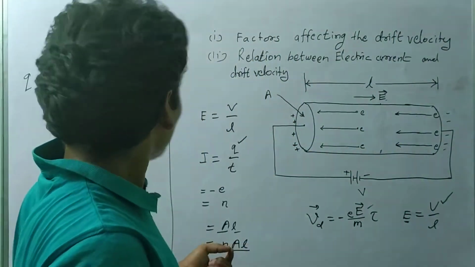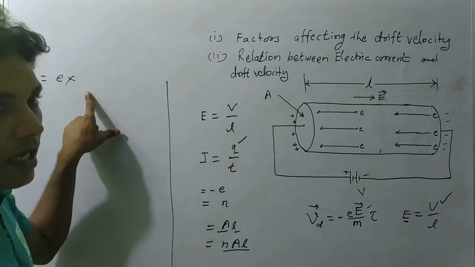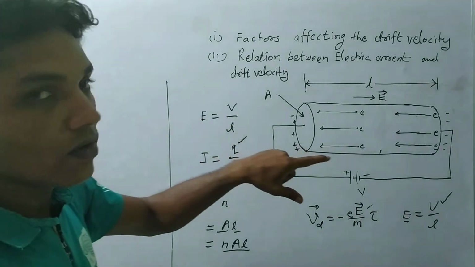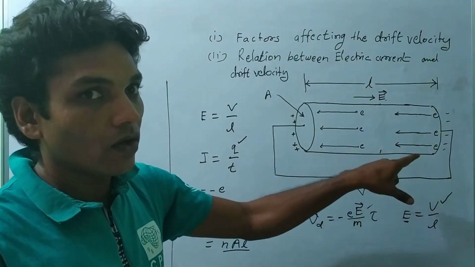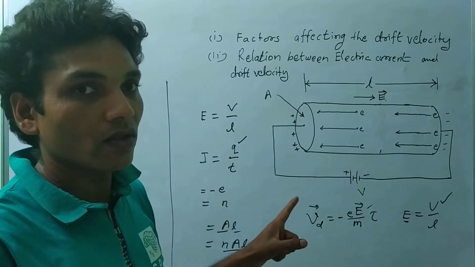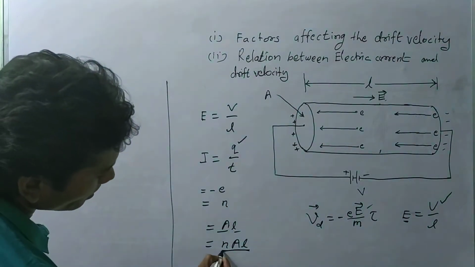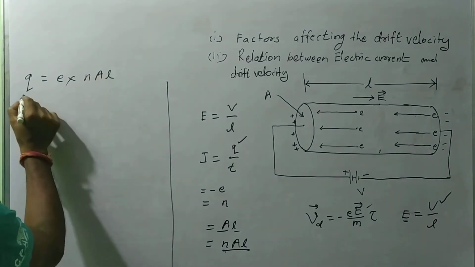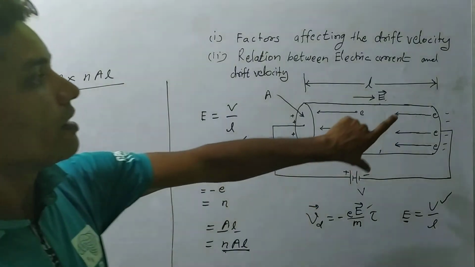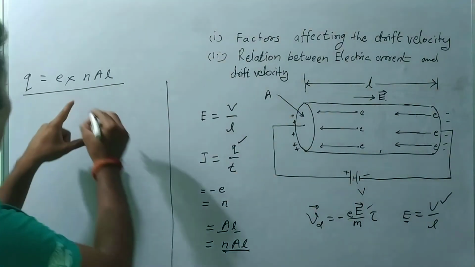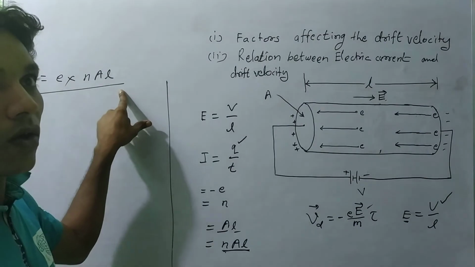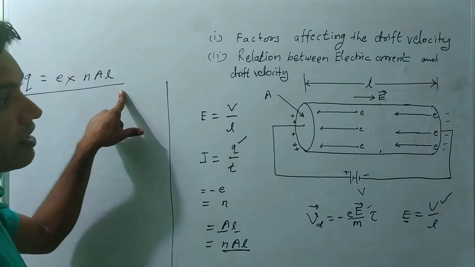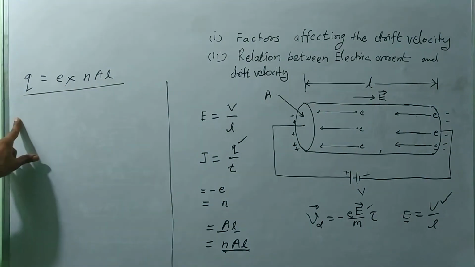The total number of electrons is n into AL. So Q equals e into n into AL, where nAL is the total number of electrons present in the conductor. So this is the charge.